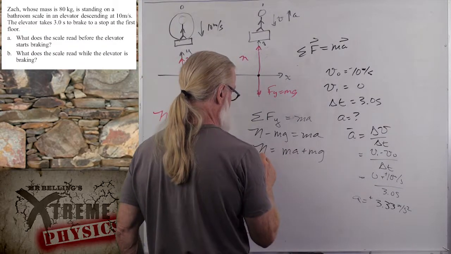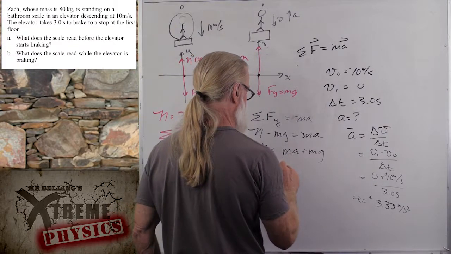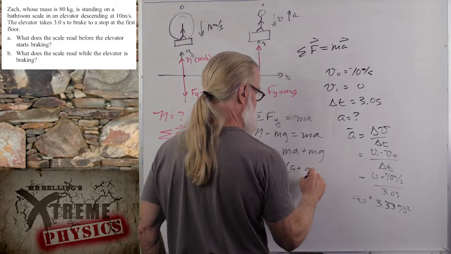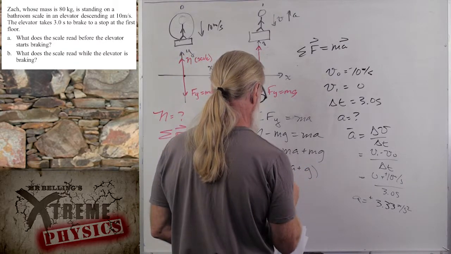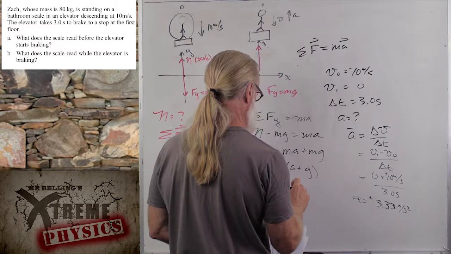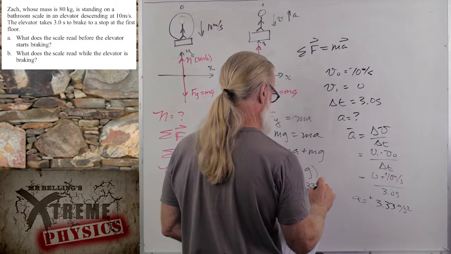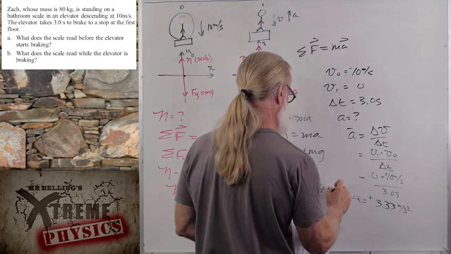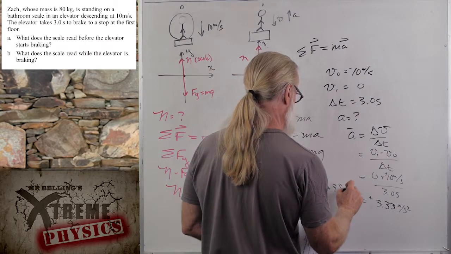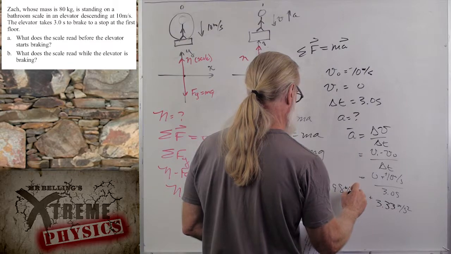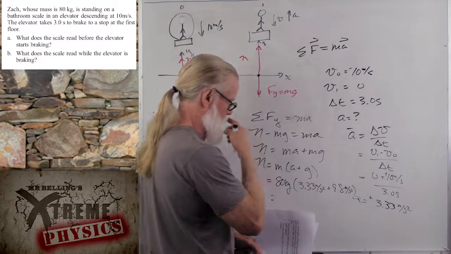So what do we have here? We have the normal force equals m times a plus g, 80 kilograms times 3.33 meters per second squared plus 9.8 meters per second squared. All right, let's see.